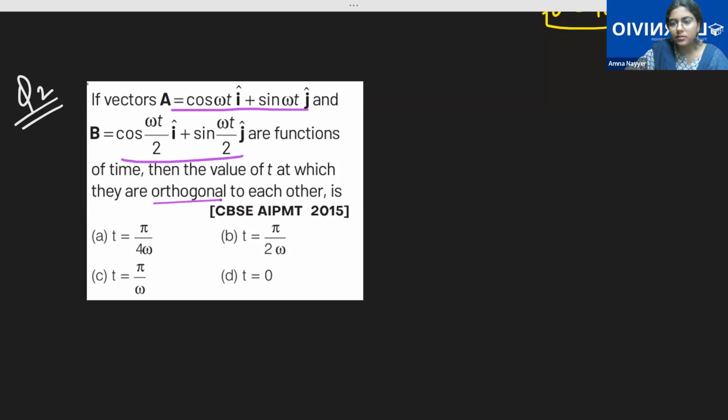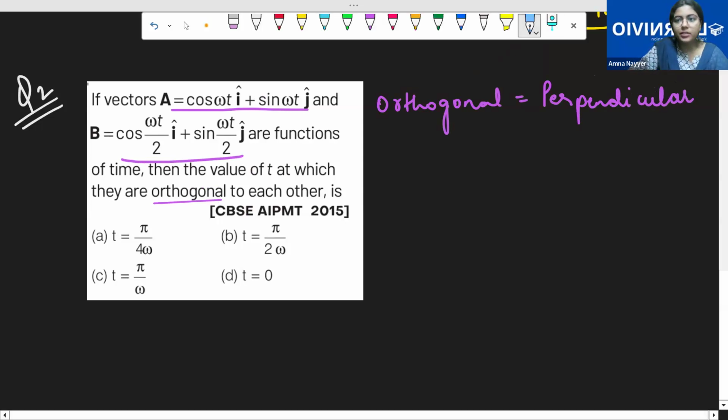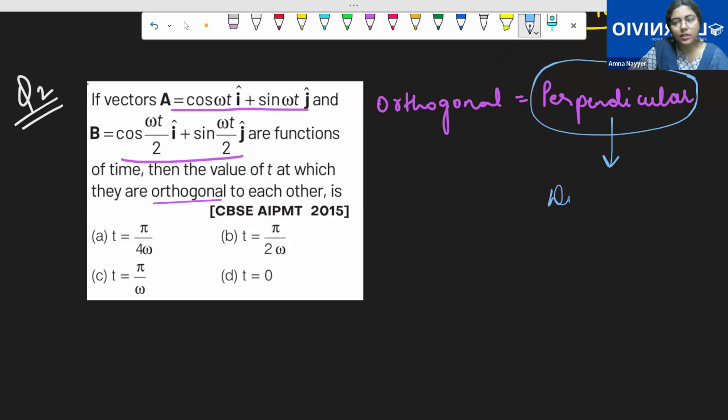Orthogonal means perpendicular. Now see, when you see the term perpendicular, your mind should direct it towards the dot product.